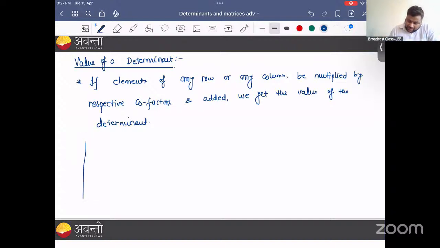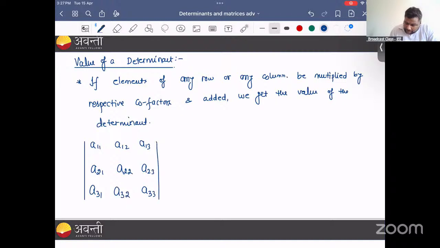Say you have a determinant A11, A12, A13, A21, A22, A23, A31, A32, A33. Now its value is what? See, multiply the first row by respective cofactors. So A11 C11 plus A12 C12 plus A13 C13. This is the value of the determinant, one way to get it.